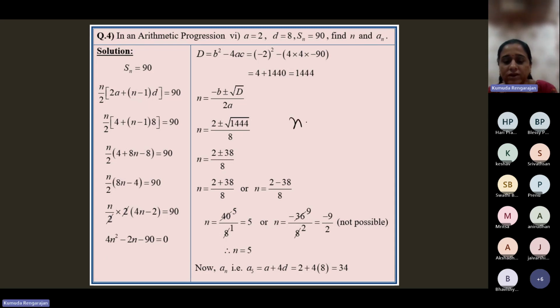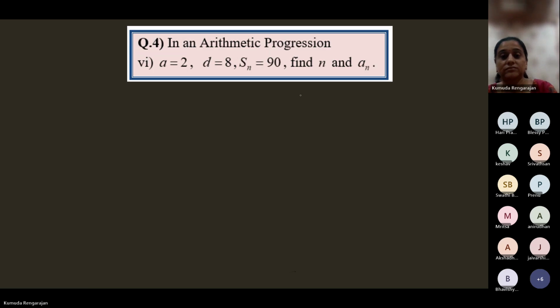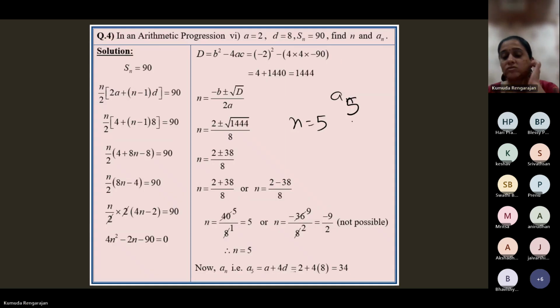So n is 5, right? So an is a5. I worked only that here. A5 is a plus 4d. So a is 2 and d is 8. Substitute and find a5.